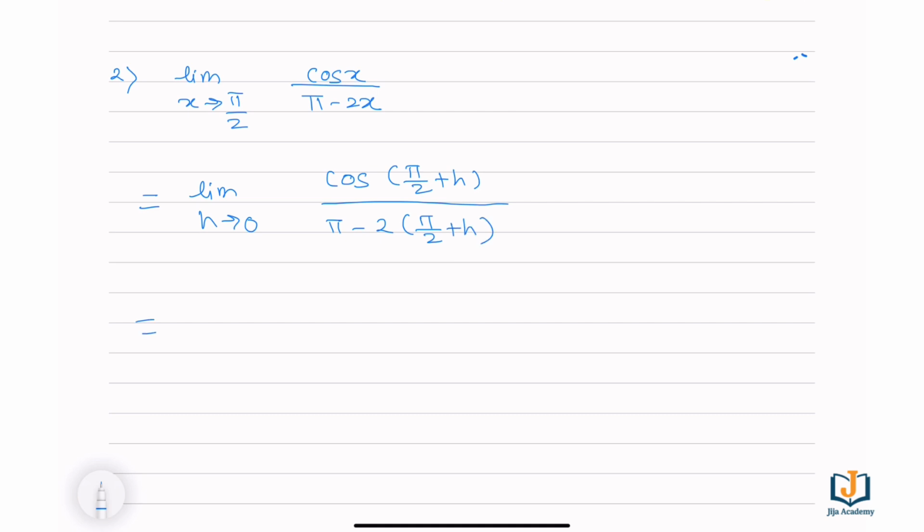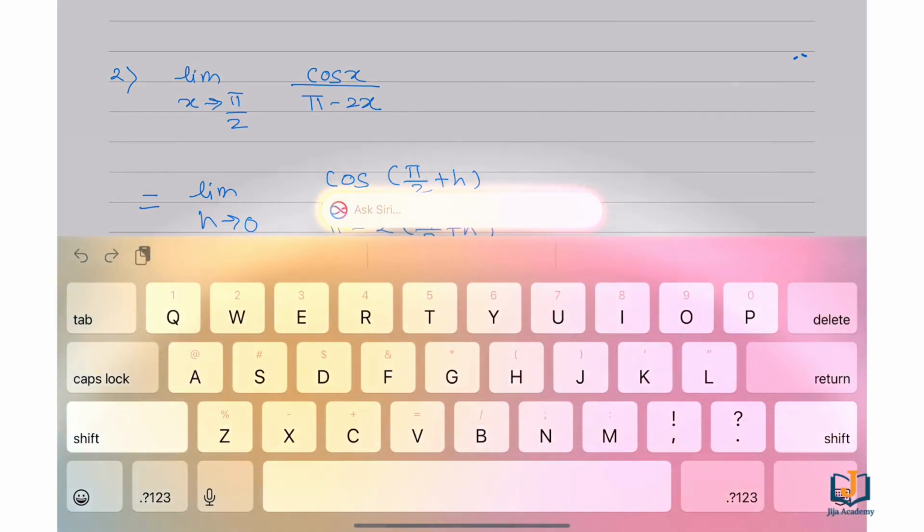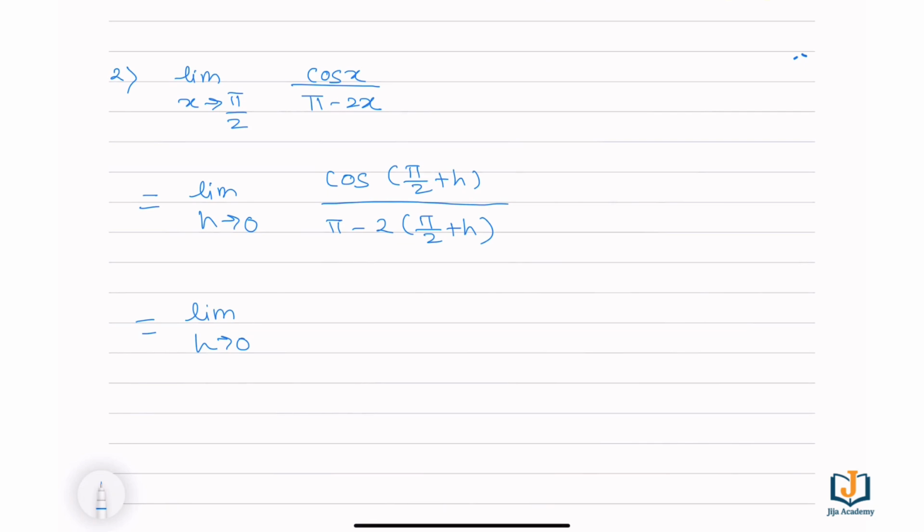So here cos of pi by 2 plus h is nothing but minus sin h, and here pi minus pi minus 2h.